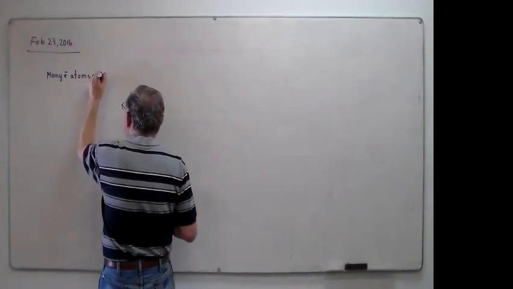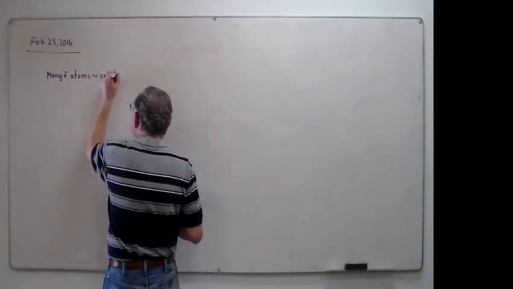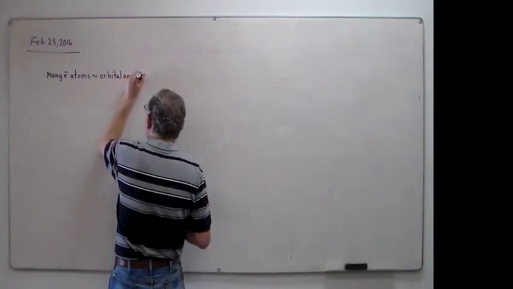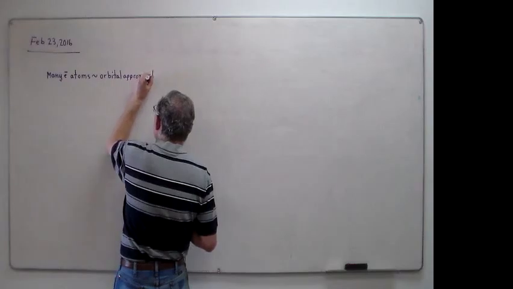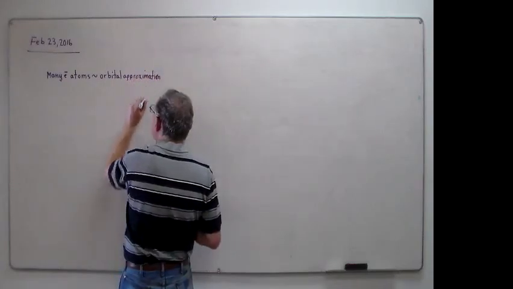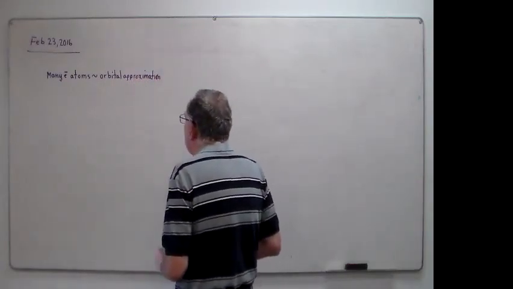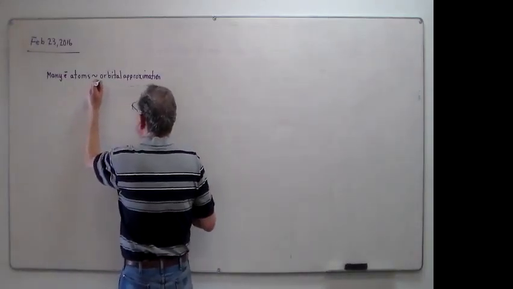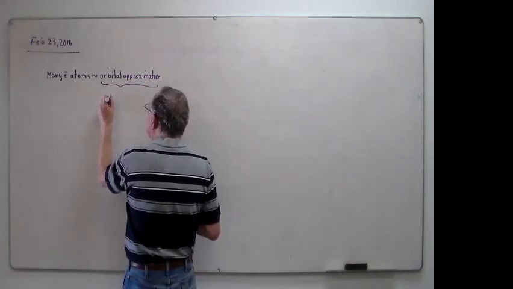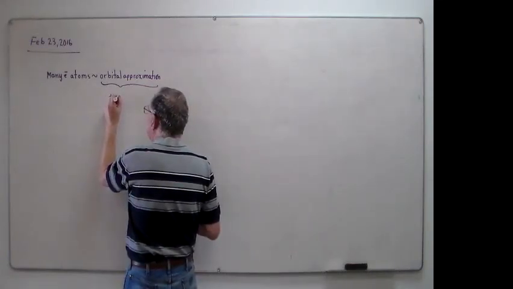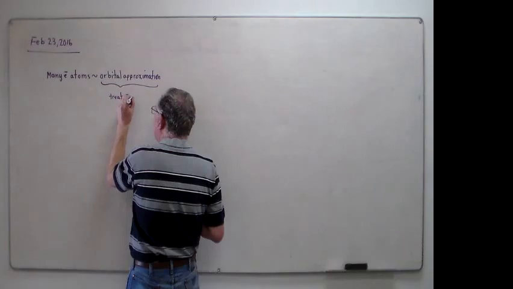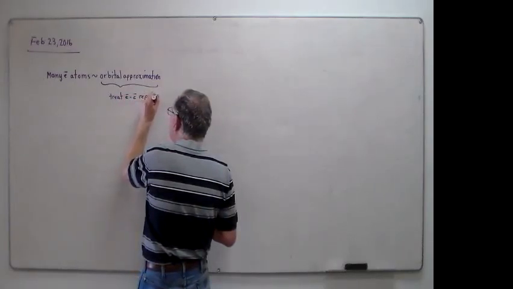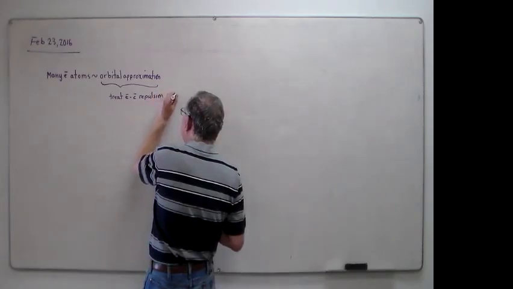Within the so-called orbital approximation. And the idea of the orbital approximation is to treat electron repulsion on average.